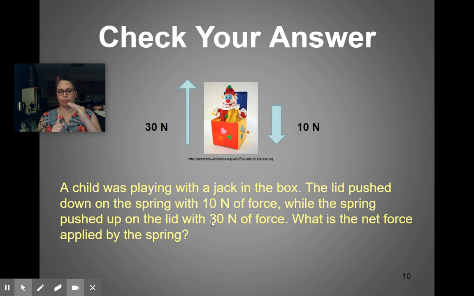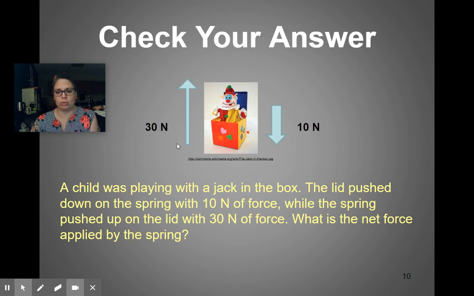So the spring, someone's pushing it down, that's 10 newtons. When it opens up, the spring pushes back on the lid at 30 newtons. I want you to take notice of these arrows. Usually when you see a longer arrow, that means more magnitude. When you see a shorter arrow, that's less magnitude.